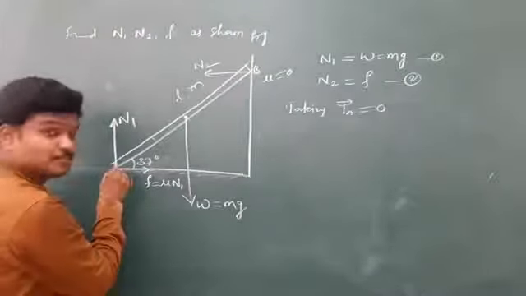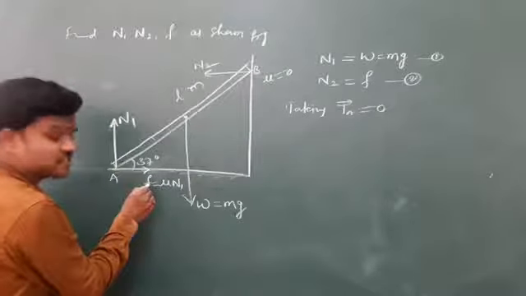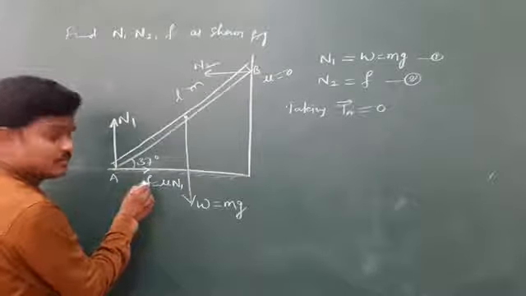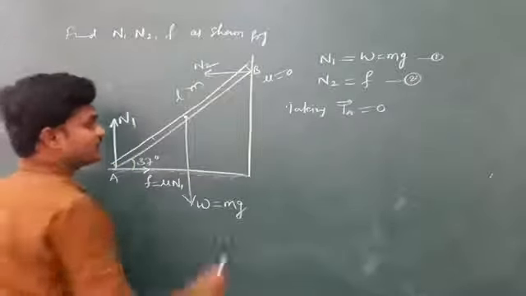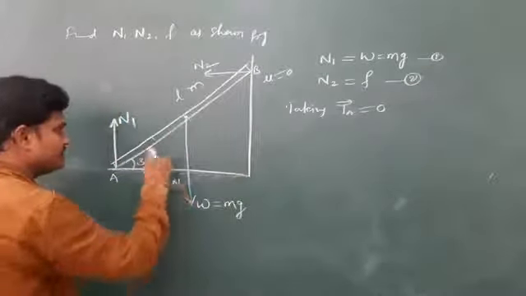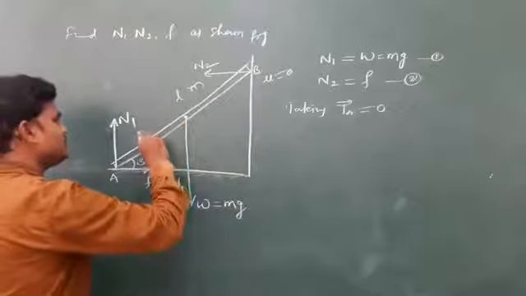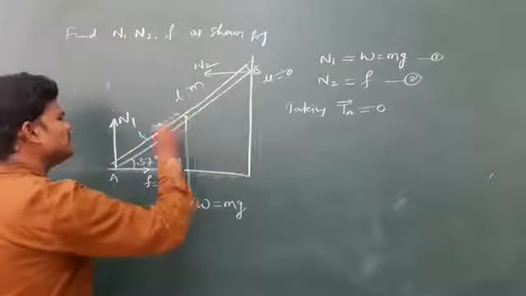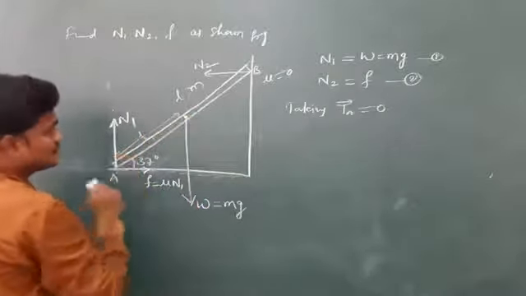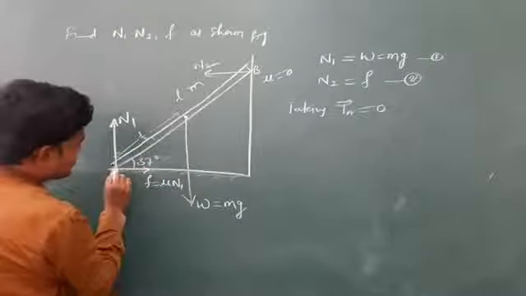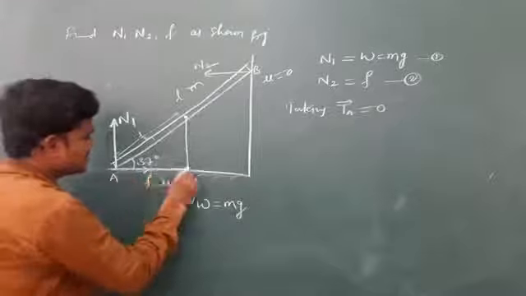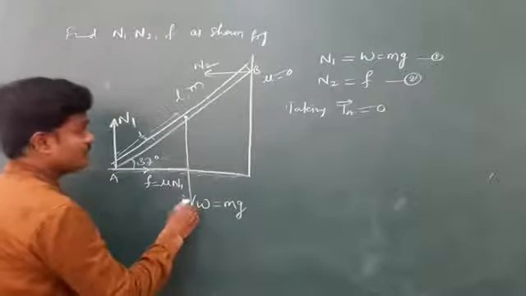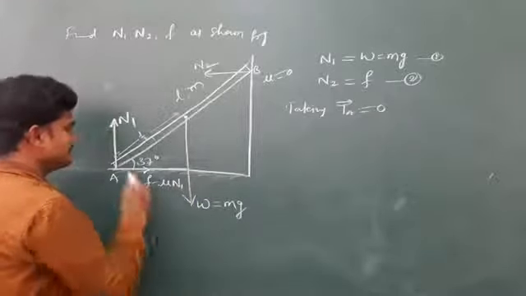If I take torque about this point, the frictional force does not create any torque about A, and N1 does not create any torque about A. So this weight, and the length is L, this is L by 2. The distance from here to here is L by 2 cos 37. This is the perpendicular distance for this weight, L by 2 cos 37.